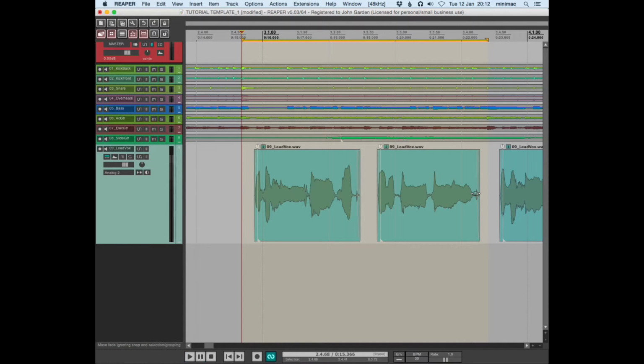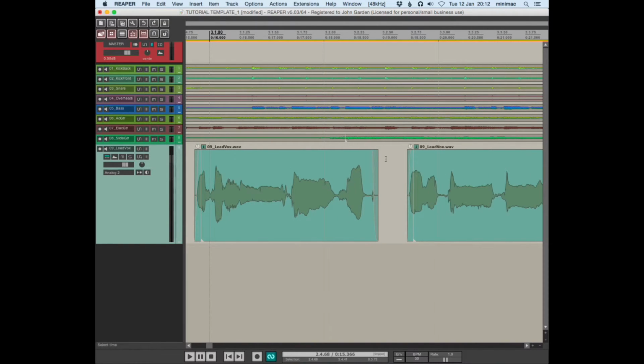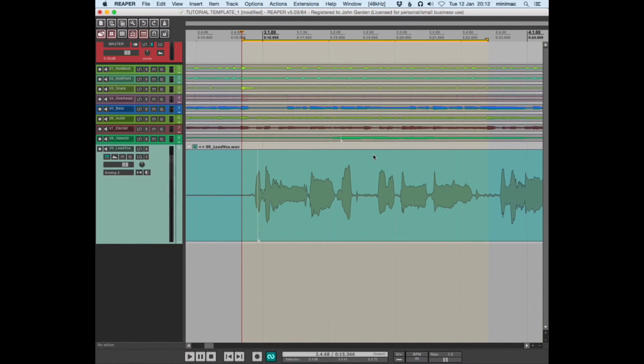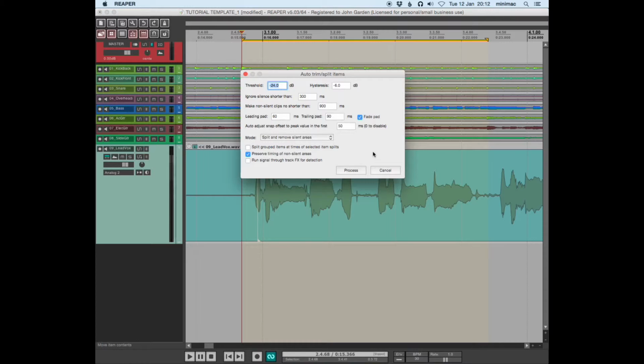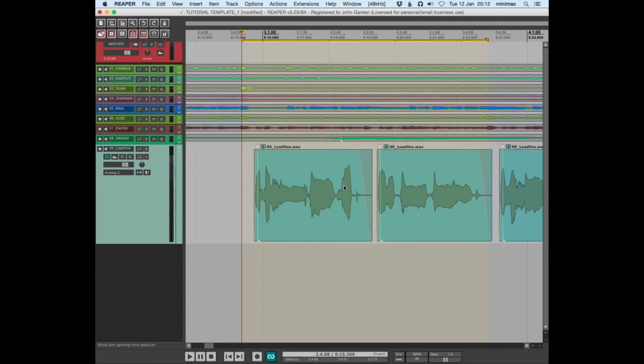All right. The other thing to watch out for is that the fade on the end here is a little bit aggressive again. So the trailing pad just needs to be a little bit more generous.